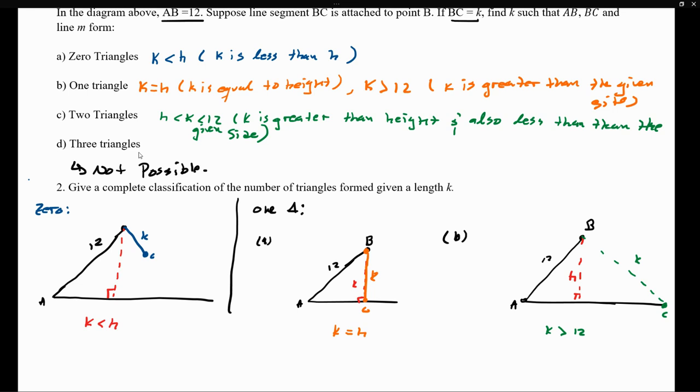Because again, we said that if that is true, then if we go in a full circle, there's going to be only one place where we can hit this line which we defined initially. So these are the two possible ways that we could have created one triangle: if the height is equivalent to the third side, or if the third side is greater than the given side.